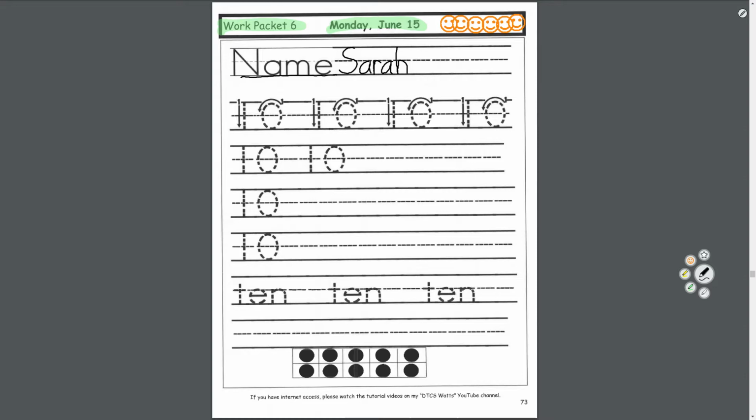So follow the directions from the top, 1 down to the bottom, and then 0 from the top all the way around, touch the bottom and come up. That's 10. So down and around. Down and around.